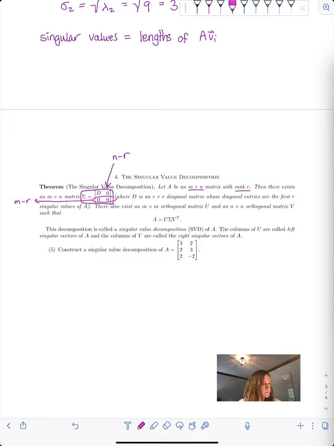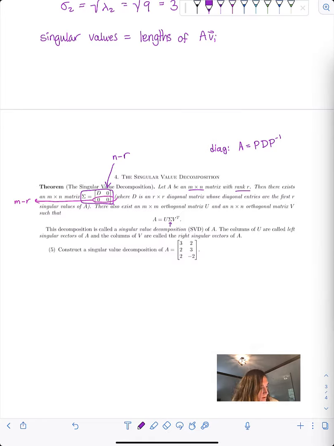Okay. So essentially, remember before when we had a diagonalizable matrix, that was P D P inverse. And now this sigma is taking the place of D, where we saw our eigenvalues, except this time we'll see our singular values.